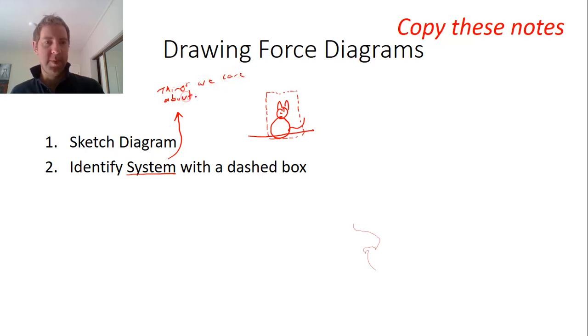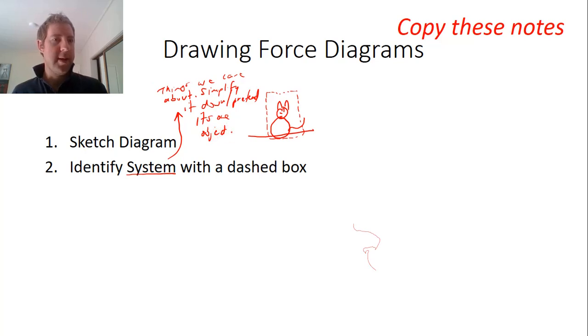And often, if there's more than one thing in a system, we simplify it down. We pretend it's one object. I'll give you an example.